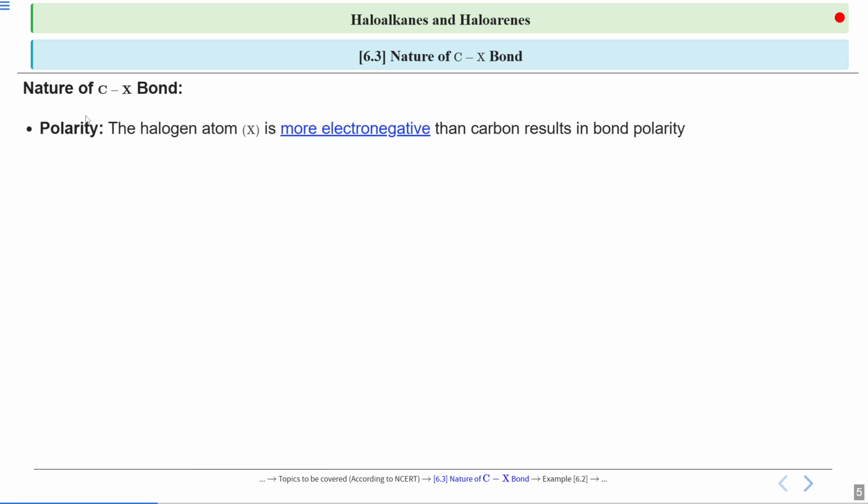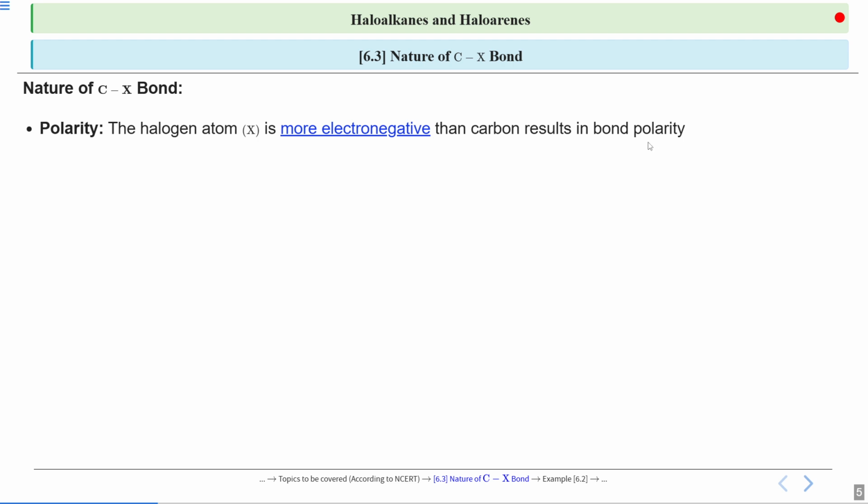Basically, we are going to talk about the nature of the carbon halogen bond, that means the bond that is formed between the carbon and the halogen atom in any haloalkane or haloarene. The first thing is polarity. The halogen atom, which we represent here as X, is more electronegative than the carbon, which results in bond polarity.